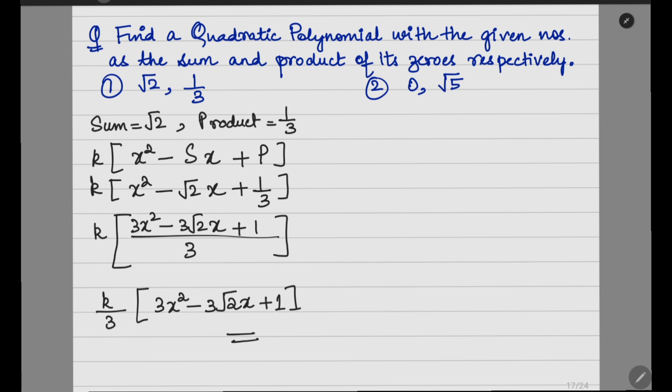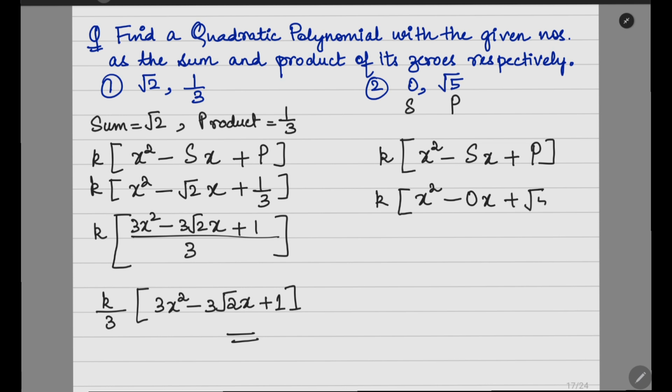Okay. Similarly, we can do the next question as well. You are given the sum and the product. So the general form of the quadratic polynomial will be k multiplied by x square minus sum into x plus product. So k multiplied by x square minus sum, which is 0, into x plus p, which is root 5.